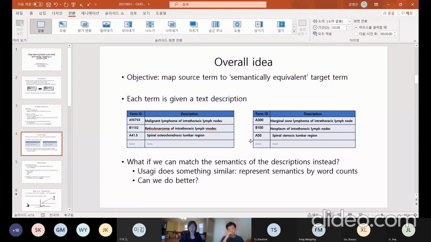But we can certainly do better than that, because if we want to accommodate the deeper semantics of the description text, then we should probably look a little deeper than simple word counts. Of course, I don't mean to discredit Usagi, but I'm just proposing a way to take another level into the semantic area.